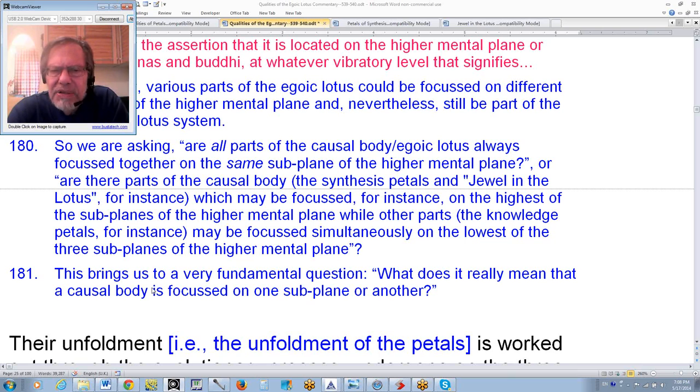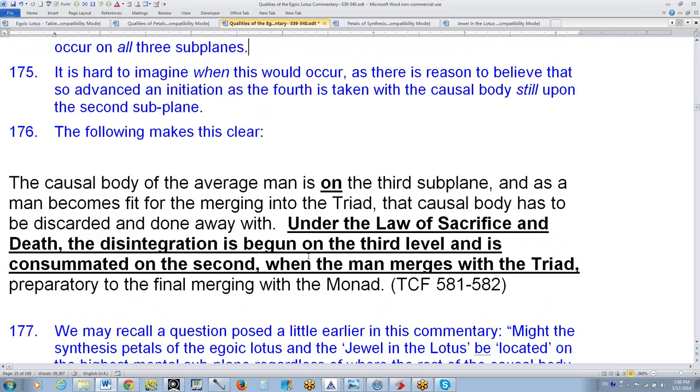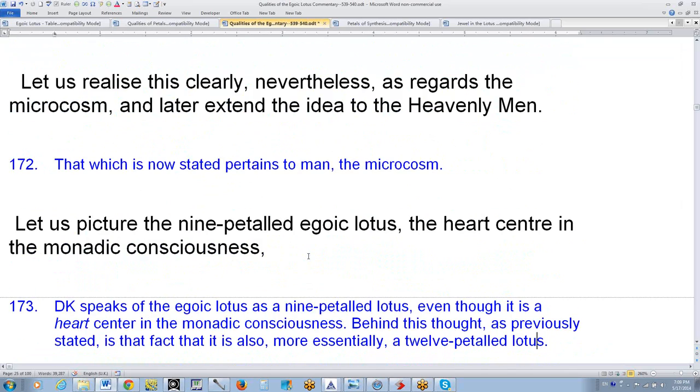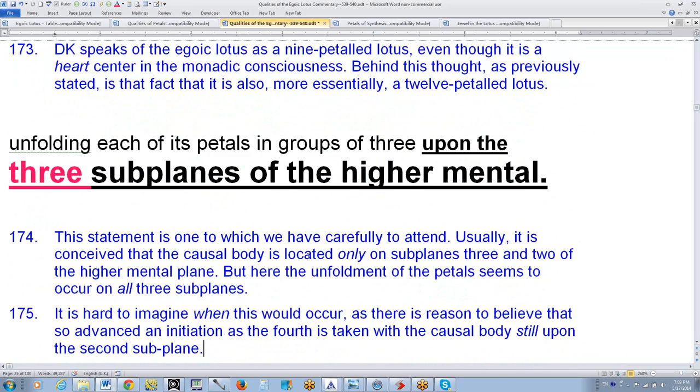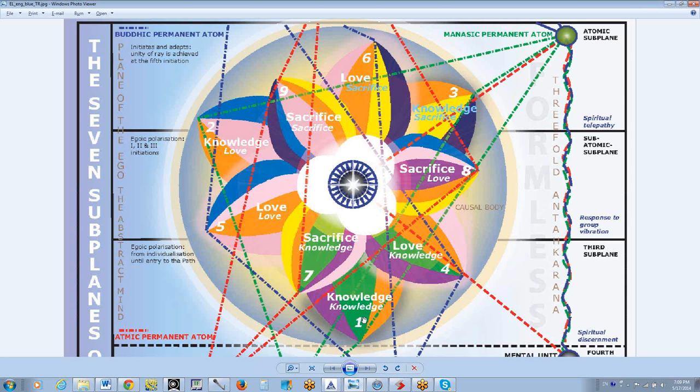And can they in some way, well, this is a very important sentence, what we have had here, that in fact, unfolding its petals in groups of 3 upon 3 subplanes of the higher mental plane. Yes, it seems, and when you look at the picture of the Egoic Lotus, it does seem that one of the knowledge petals touches, let's see, 1, 2, 3, the higher subplane.